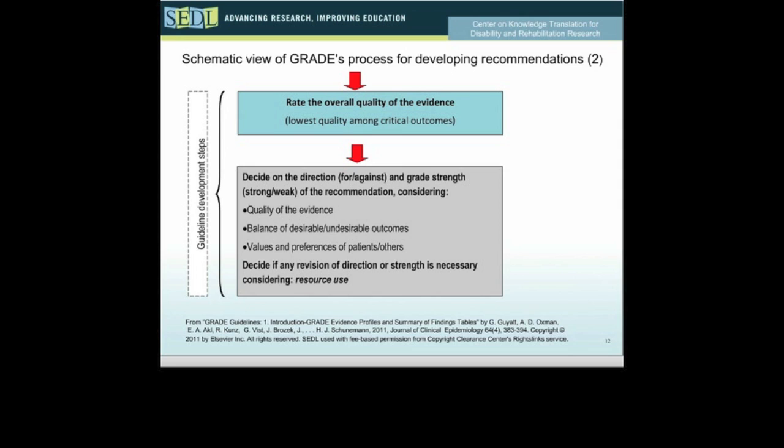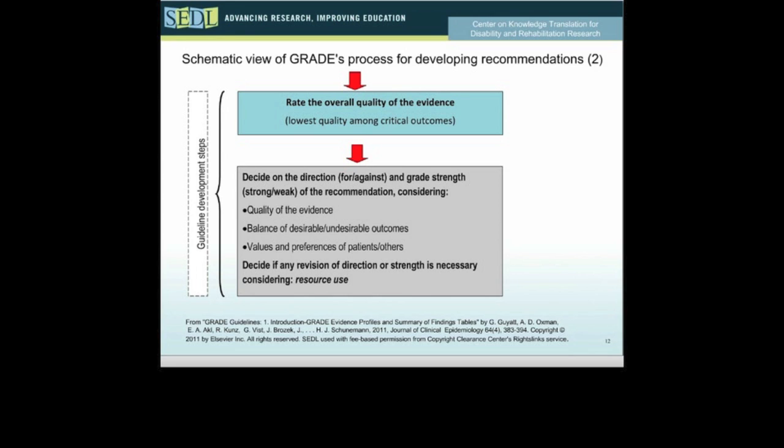Because the evidence for the different outcomes is not necessarily the same. And now you have to start taking into account the quality and the quantity of the evidence, but also the importance of the various outcomes. And you probably will try to find a happy medium, and we'll get to that in due time.